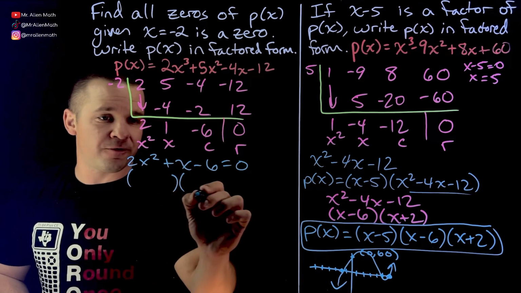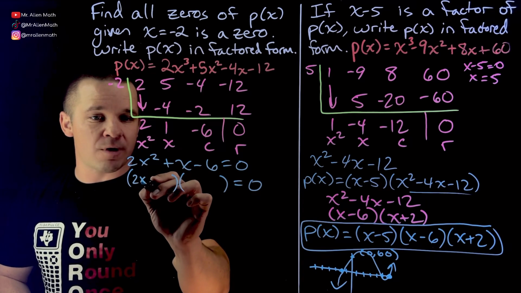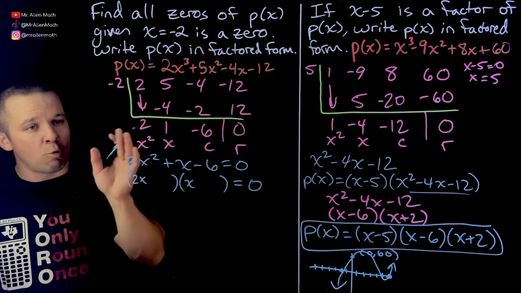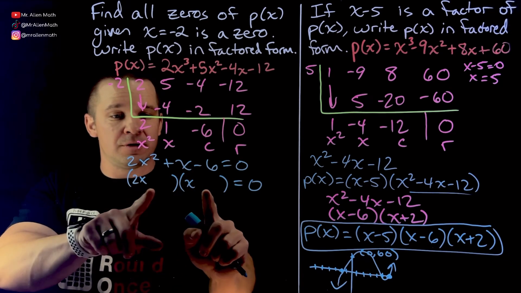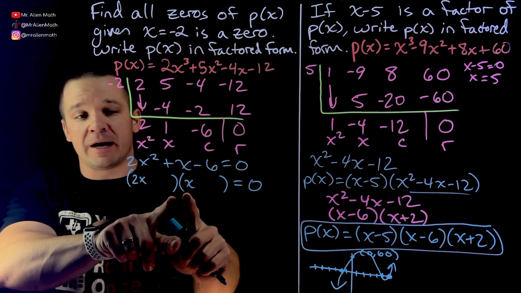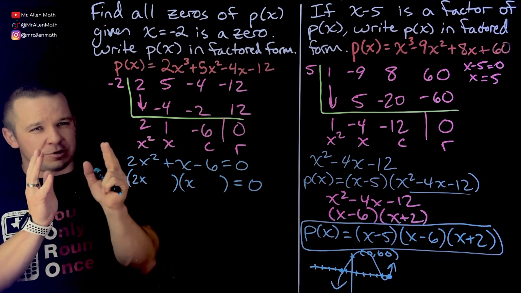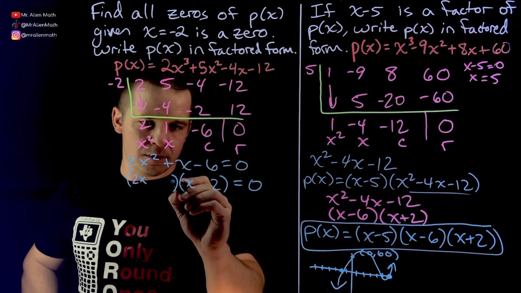And I honestly prefer guess and check in this scenario because there's only one way to get 2x squared. It's with 2x and x. And now I need to think what multiplies to negative 6 while also keeping in mind that these two and these two, when multiplied and combined, have to add up to x. Okay? So how are we going to do it? I'll start with 2 and 3 here. What if I put 2 here and 3 here?